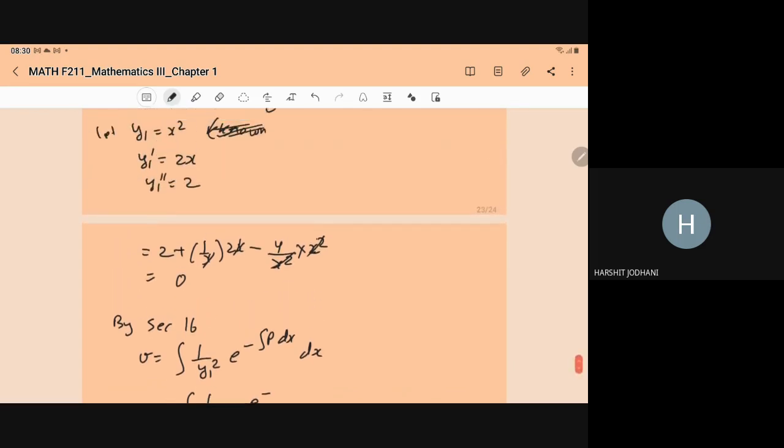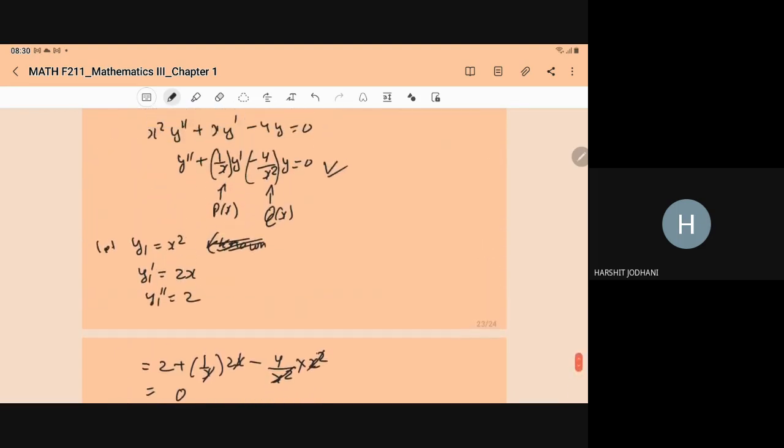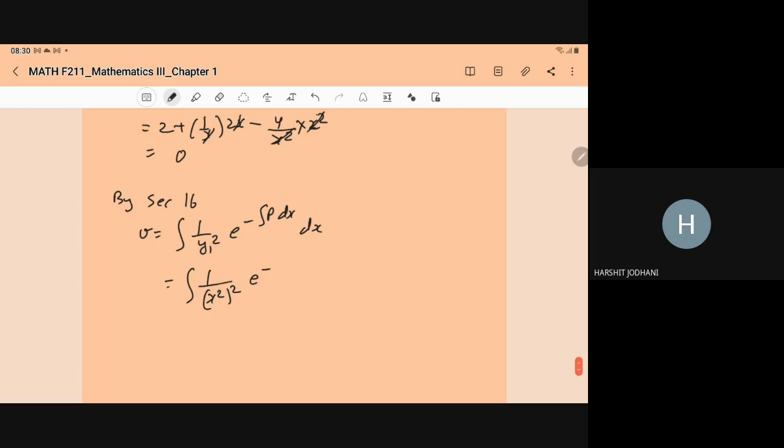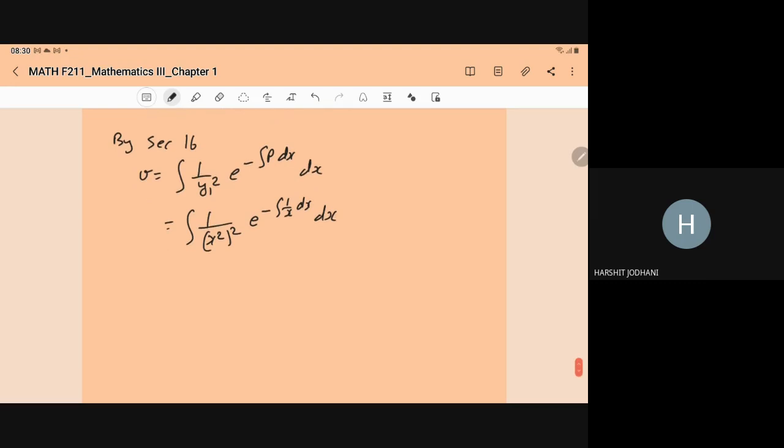Now p is what? In the standard form we have to check p. So p is 1 upon x. So here it is integral 1 upon x dx, dx. So this will come integral 1 upon x to the power 4 and e to the power minus log x dx.